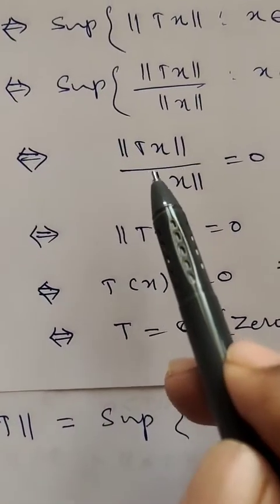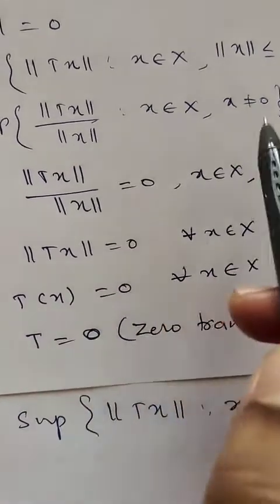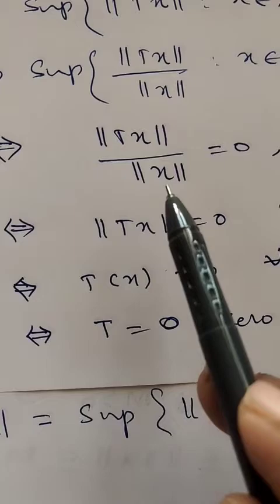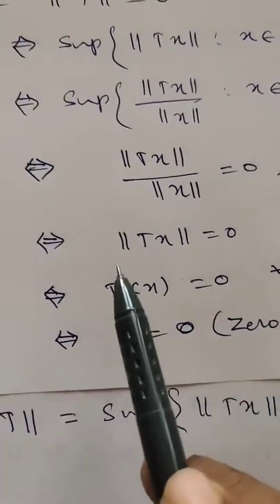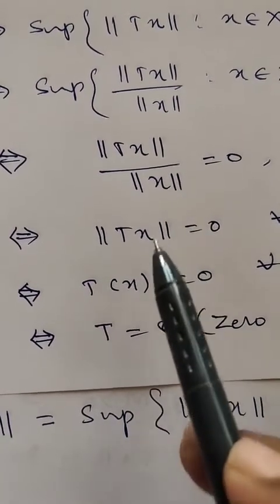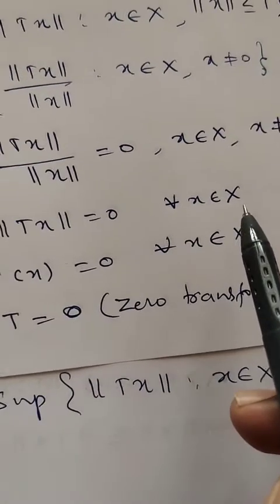The supremum of this set is 0, which implies each of the terms must be 0. Each norm of T of x by norm of x is 0 for every non-zero x in X. But norm of x is not 0, so the only possibility is that norm of T of x is equal to 0 for every x belonging to X.